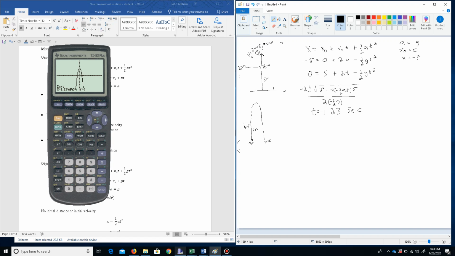The other way is we could have just found it this way, and you'll probably end up thinking this way is easier. We're starting out here at 0, and we want to find the time it takes to get down here. We know how high it went, which was 0.204.